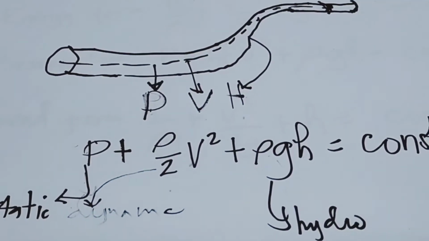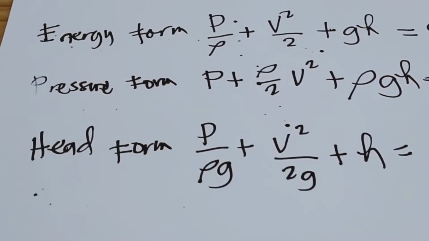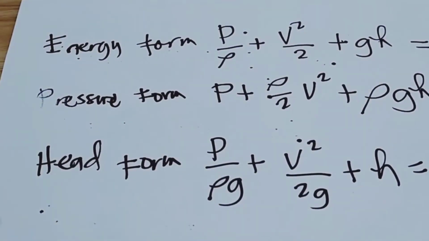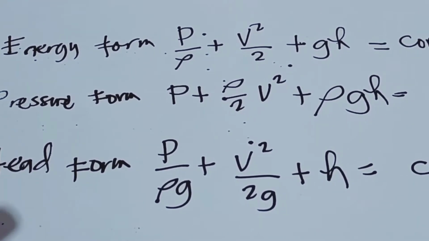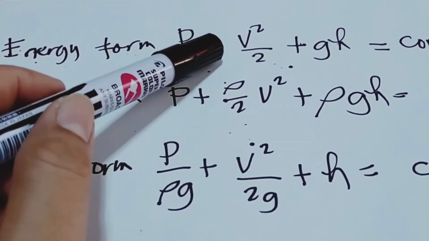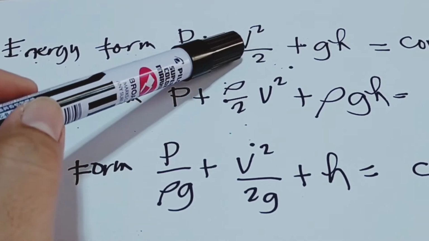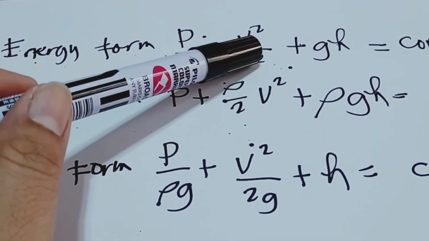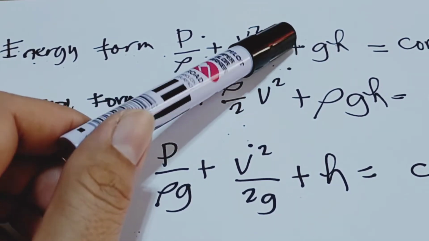Bernoulli's principles can also be expressed in terms of energy and head form. So in terms of energy, we have here pressure over the density of the fluid plus the square of the velocity of the fluid over 2 plus acceleration due to gravity times the height.